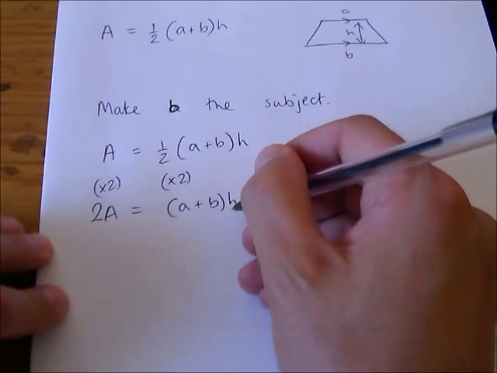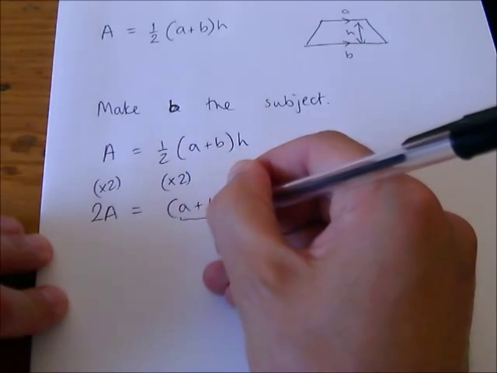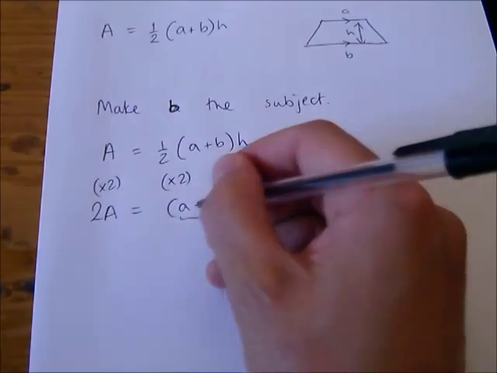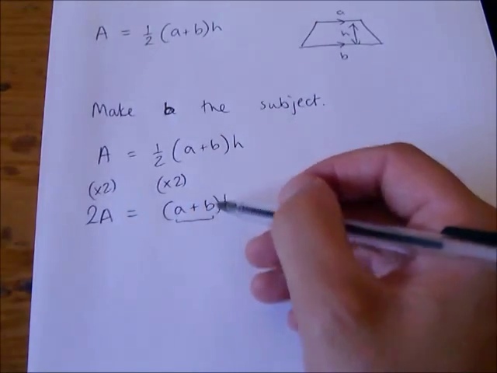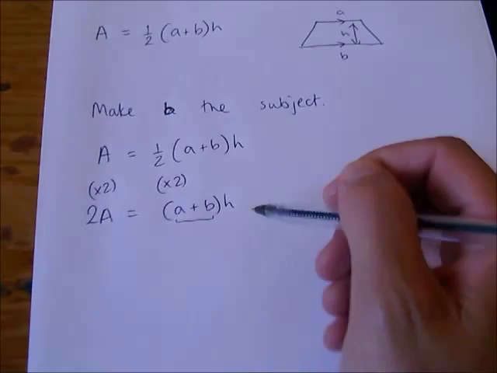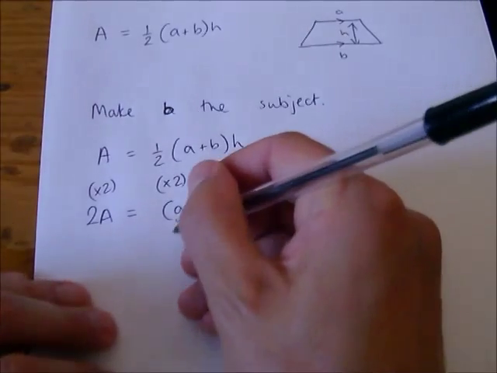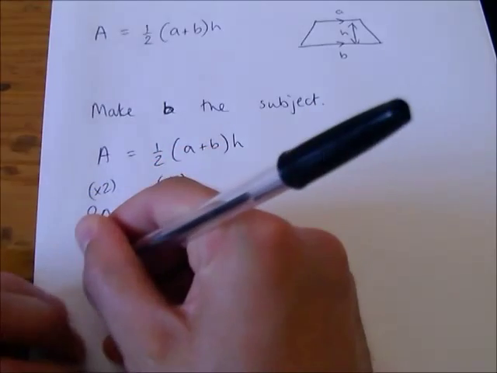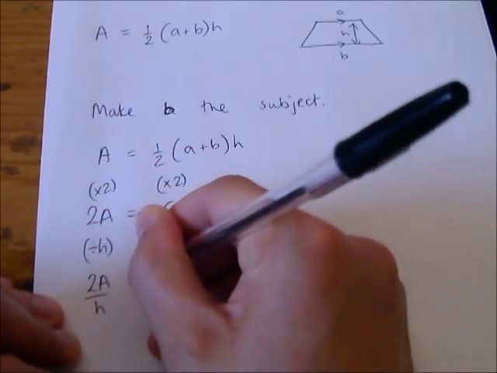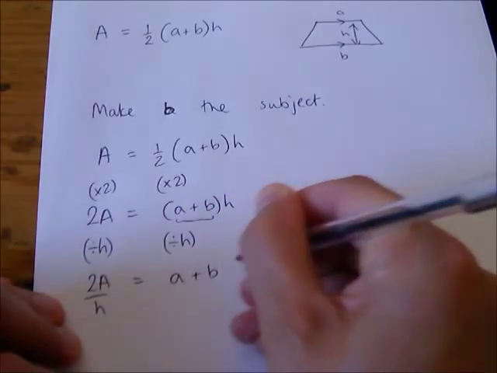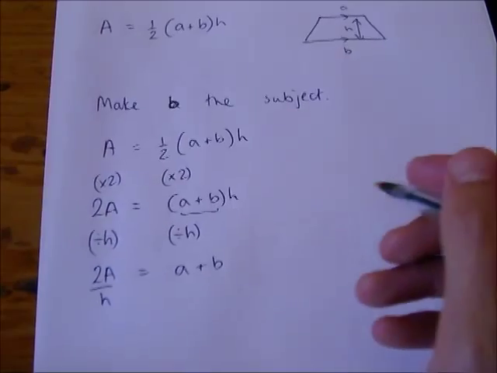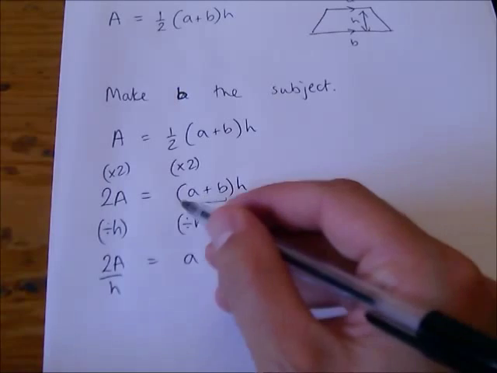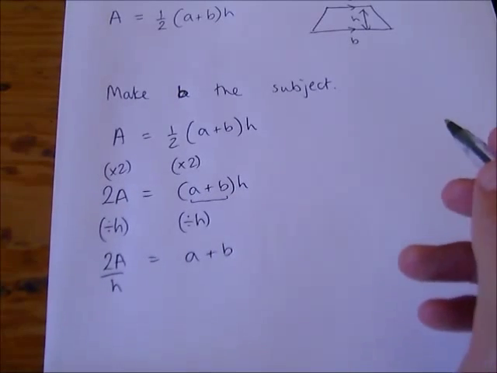Now at this point, I'm thinking, right, I want to get access to this bit, because this is where my b is. This is the little expression with b in it, but it's been multiplied by h. So I'm going to divide by h to remove it from the right hand side. And I could put brackets in there around the a plus b, but there's no point now because I'm not multiplying it by anything.